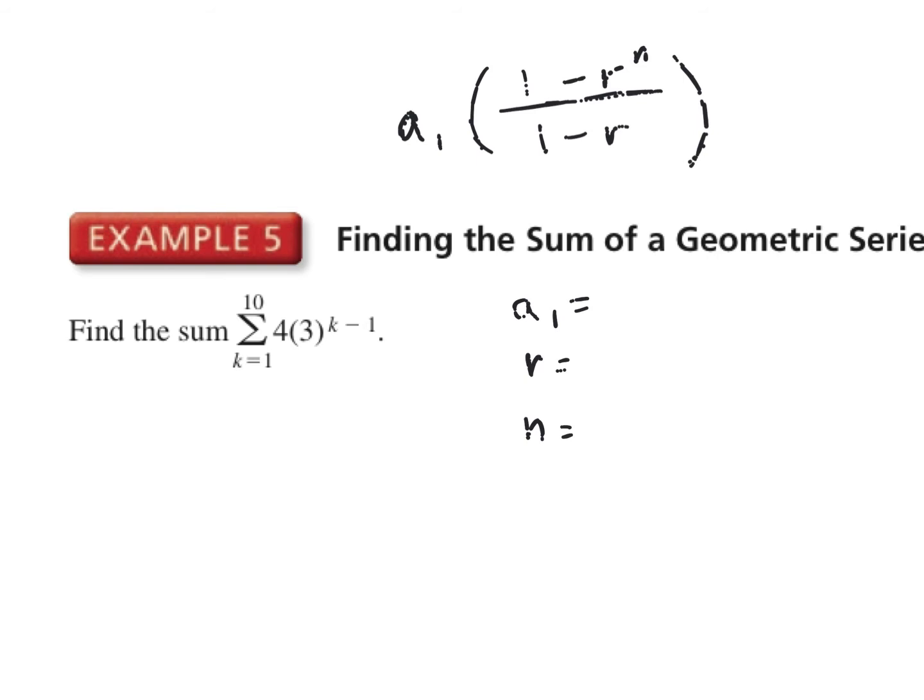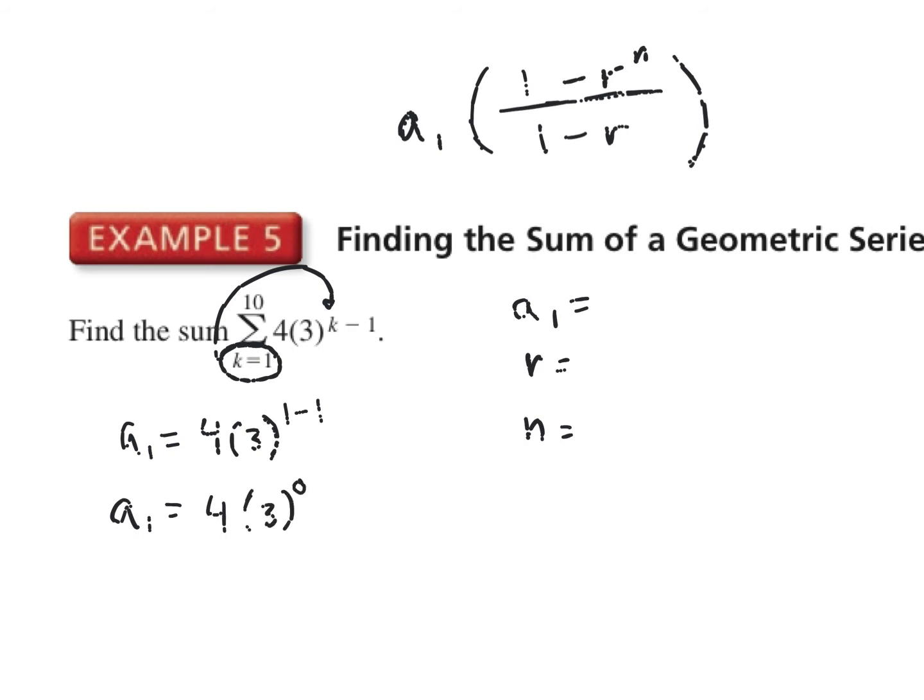So we find our a sub 1 by taking our first term and plugging it in. It tells us we start with 1, so we plug in 1 into our formula. So we have 4 times 3 to the power of 1 minus 1. What is 1 minus 1? 0. What is 3 to the power of 0? 1. Anything to the power of 0 is 1. And then what's 4 times 1? 4. So a sub 1 is equal to 4.